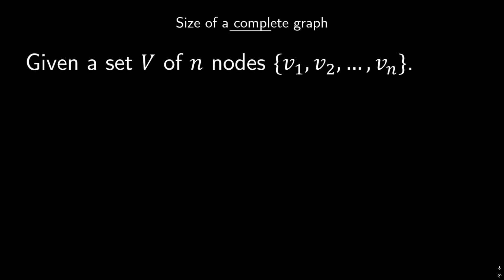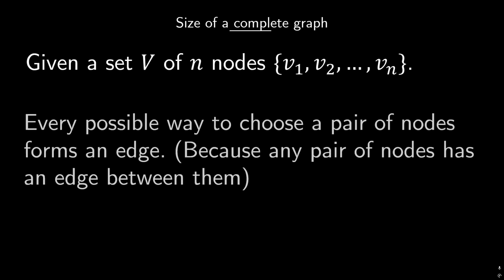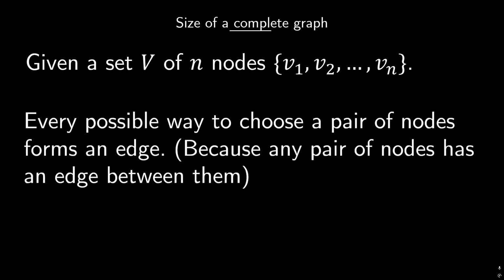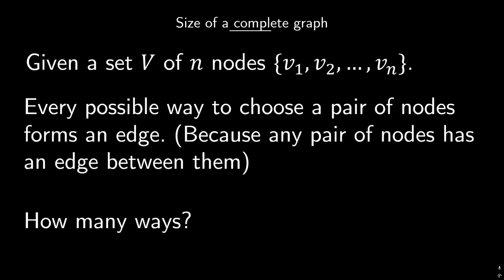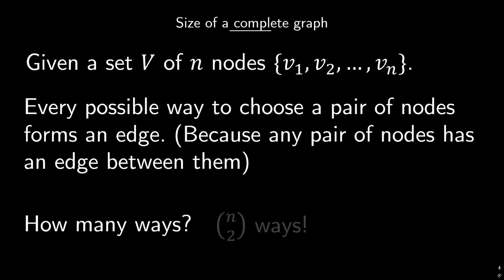Every possible way to choose a pair of nodes forms an edge, because any pair of nodes has an edge between them. That's the point of being complete. So how many ways are there to choose a pair of nodes? We've been through this. This happens to just be n choose 2 ways, which actually proves what we want to prove.